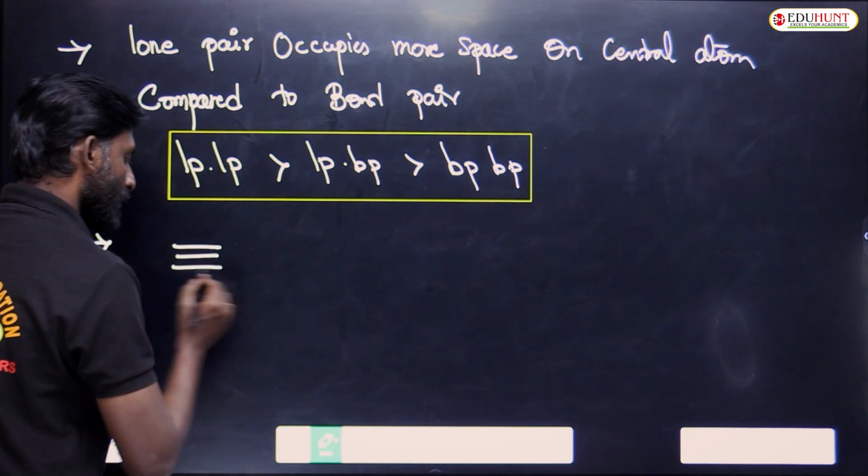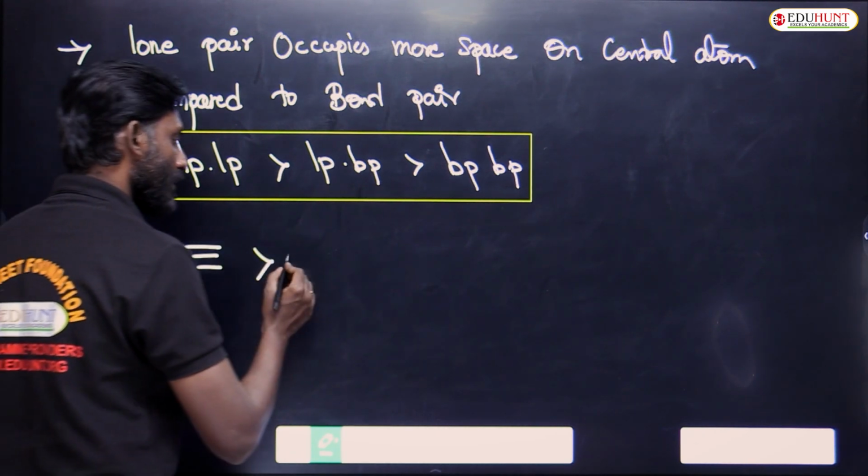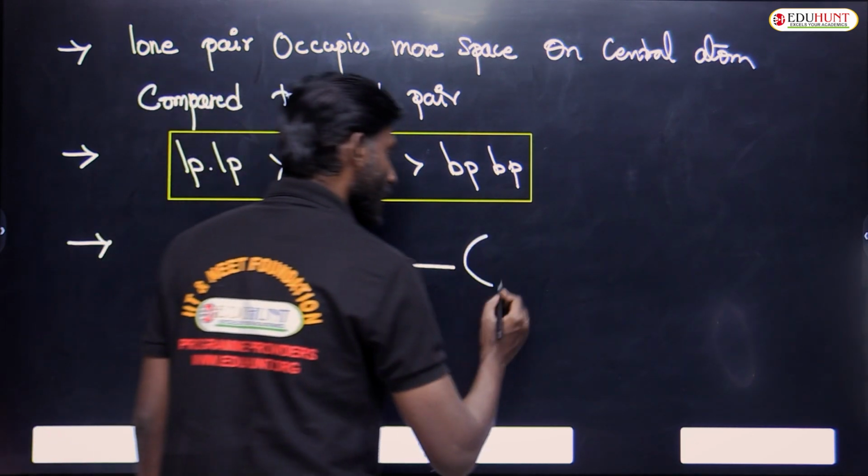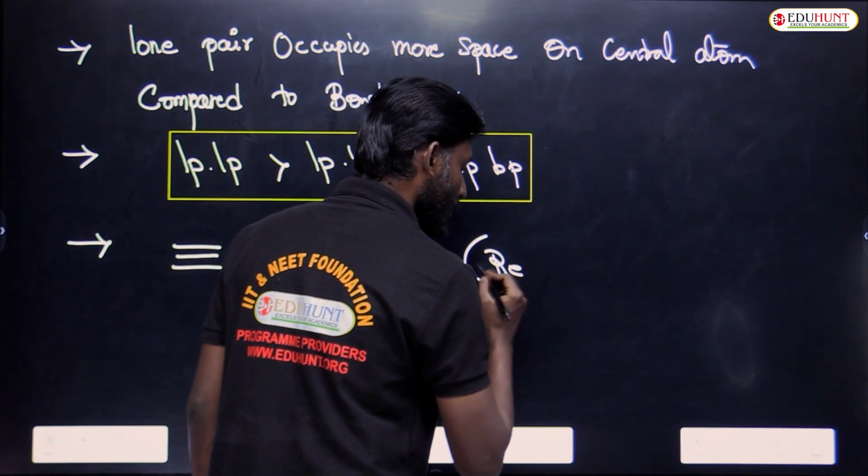and similarly, when there is a multiple bond, a triple bond causes more repulsion than a double bond. Obviously, a double bond causes more repulsion than a single bond. So this is the order for repulsion.